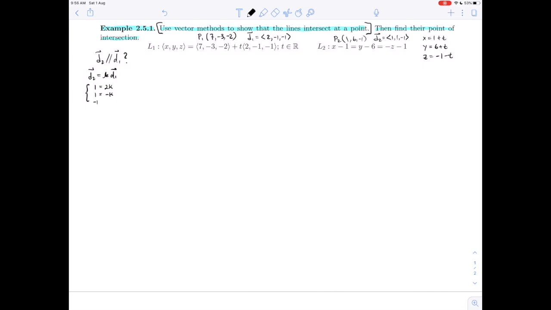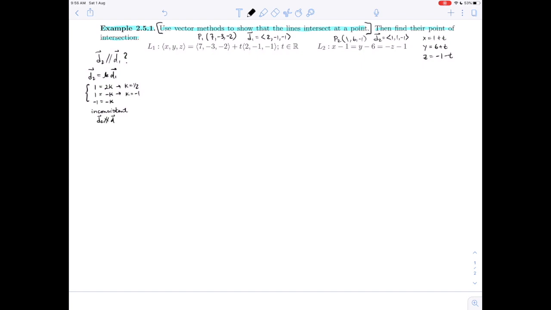And -1 would have to be -k. So in the first equation we would have k = 1/2, and in the second equation we have k = -1. That is inconsistent, and if it is inconsistent, then the vectors are not parallel.